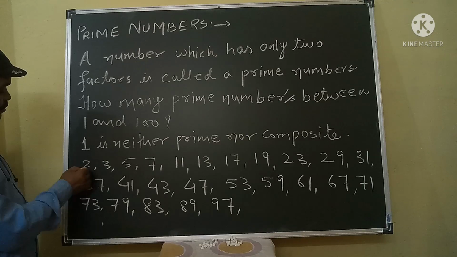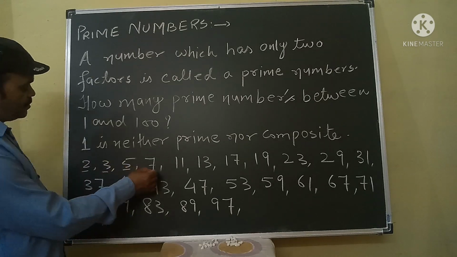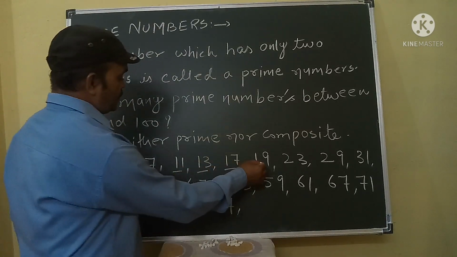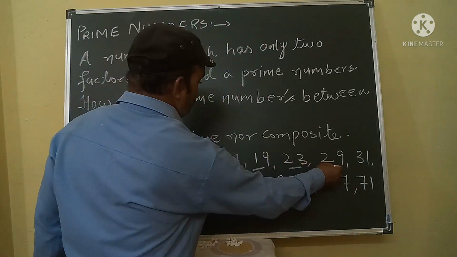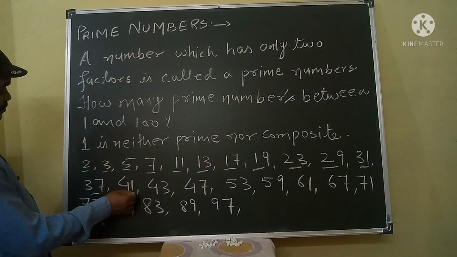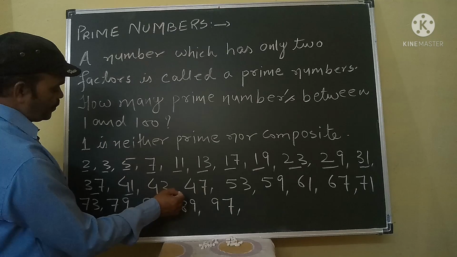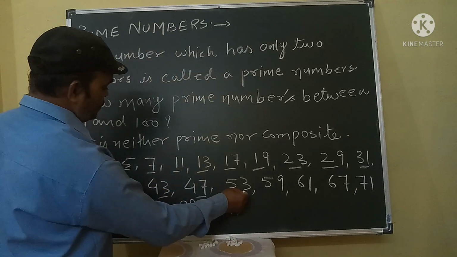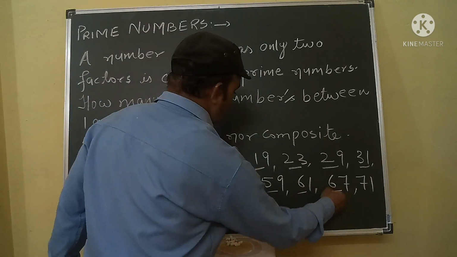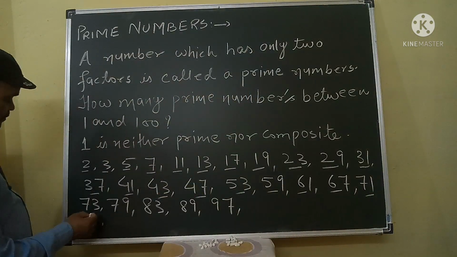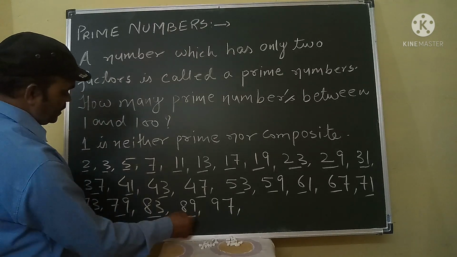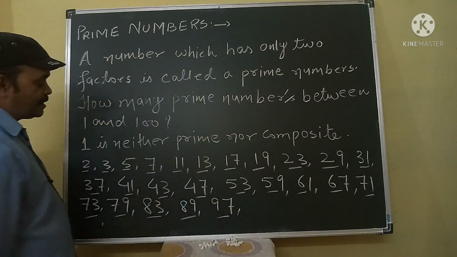The first prime number is 2, then 3, 5, 7, 11, 13, 17, 19, 23, 29, 31, 37, 41, 43, 47, 53, 59, 61, 67, 71, 73, 79, 83, 89 and 97.